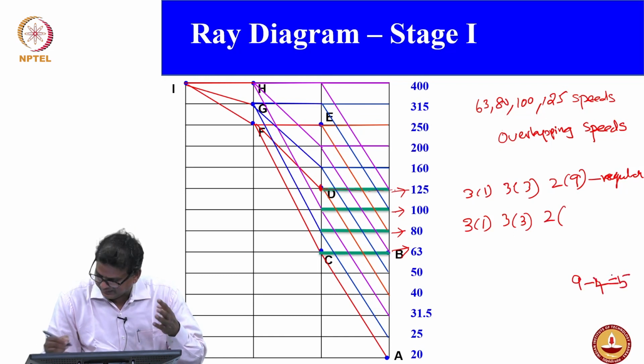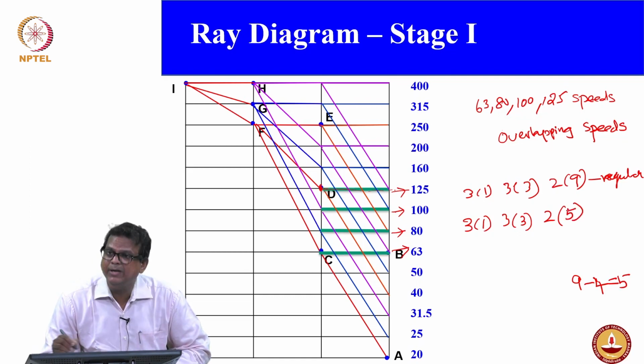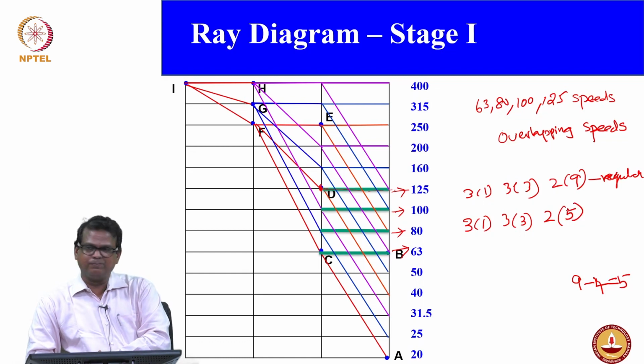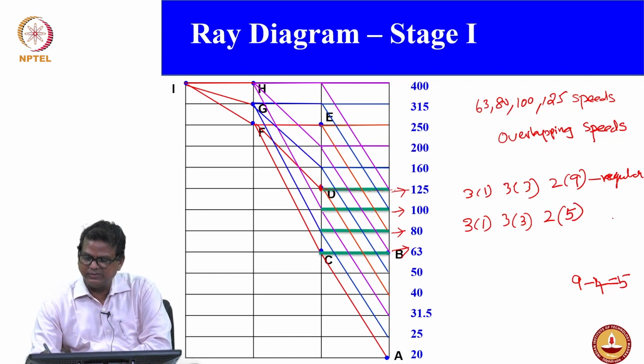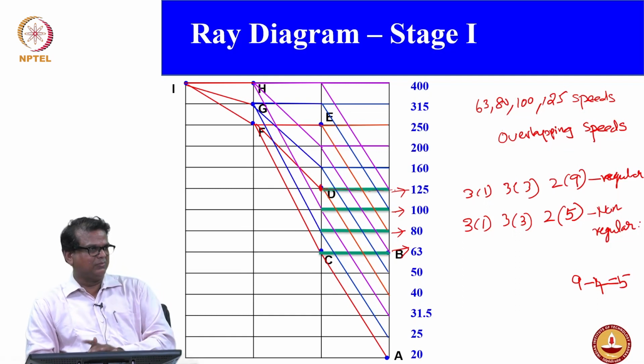We deducted 4 and got 5, and used them as 5 input speeds to stage 3. So this is a non-regular or non-structural gearbox. Hope it is clear to you the difference between regular and non-regular.